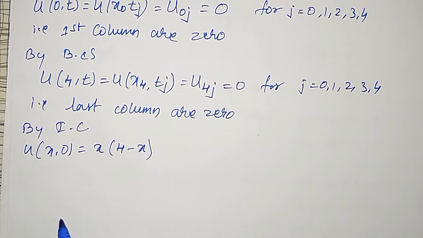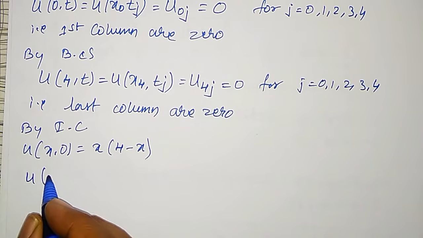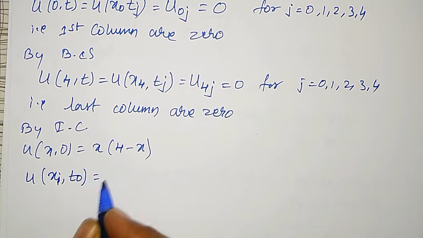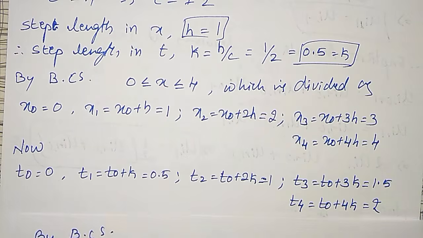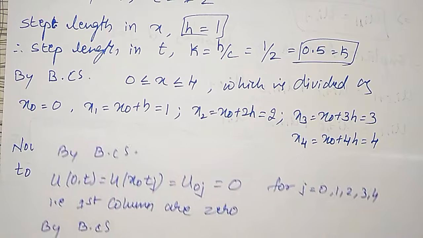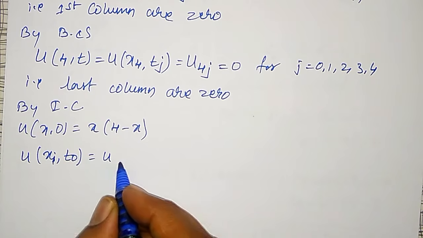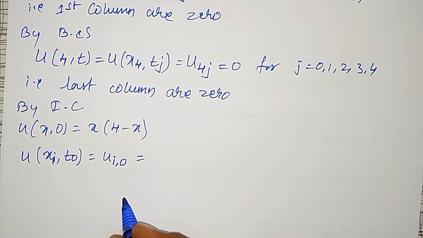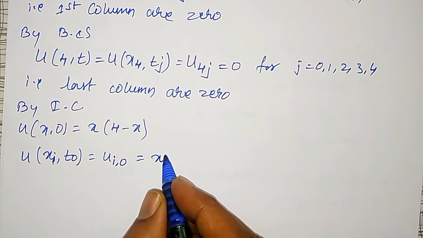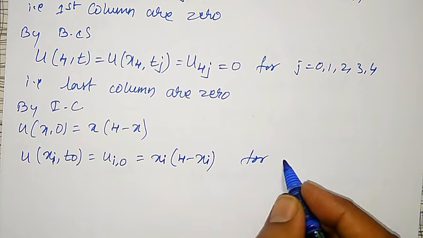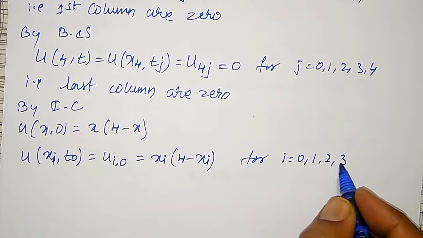Okay, my short notation for this one is u of xi comma t naught, that is u of i comma 0, t naught is equal to 0, that's why t naught I am using here. Therefore this is nothing but u of i comma 0 equal to xi into 4 minus xi for i equal to 0, 1, 2, 3, 4.